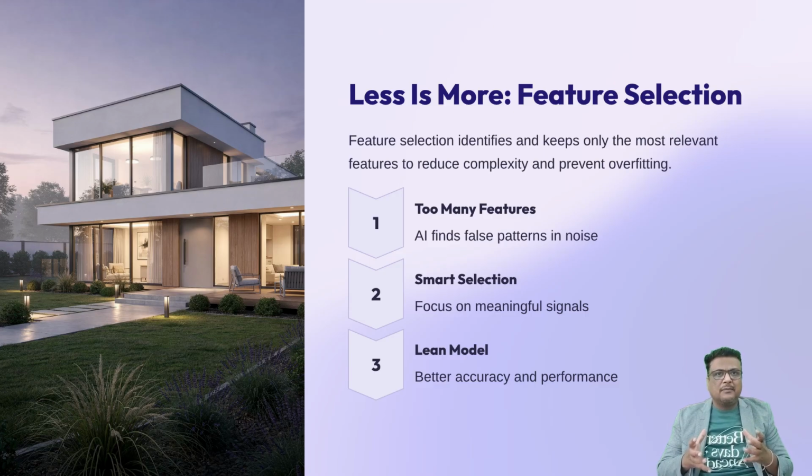We had to step in and say, stick to square footage, location, and number of bathrooms. We selected the features that actually mattered and threw the rest away. Don't worry, we'll take it slow when we learn how to test which ones are the winners. But just remember, a lean model is usually a smart model.